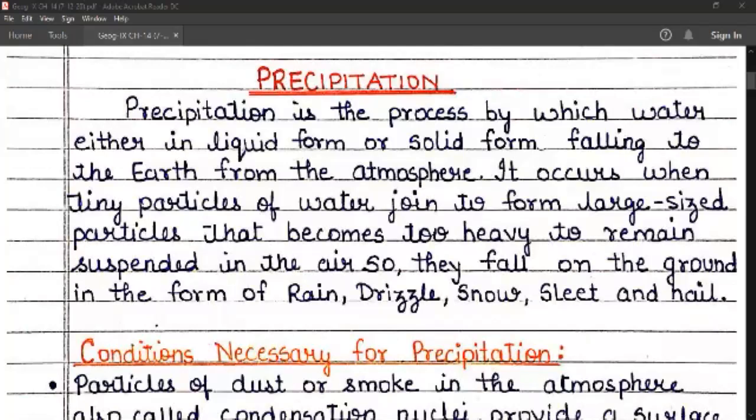It occurs when tiny particles of water join to form large-sized particles that become too heavy to remain suspended in the air. So they fall on the ground in the form of rain, drizzle, snow, sleet, and hail.